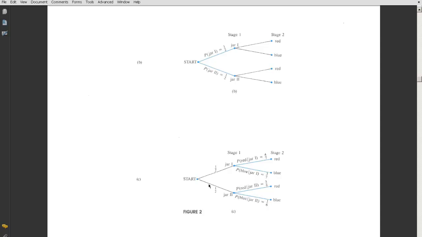One is by following this path, and one is by following this path. And these two paths are mutually exclusive. So the probability of blue is the probability of going on this path plus the probability of going blue on this path.